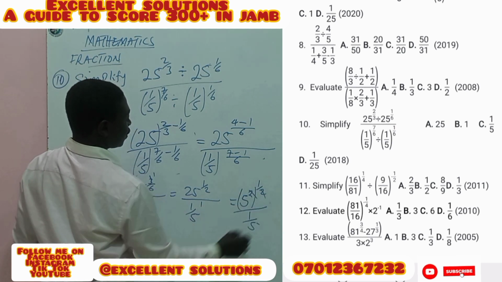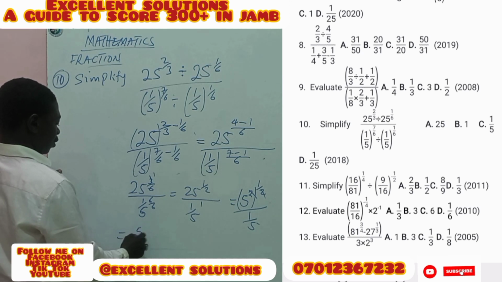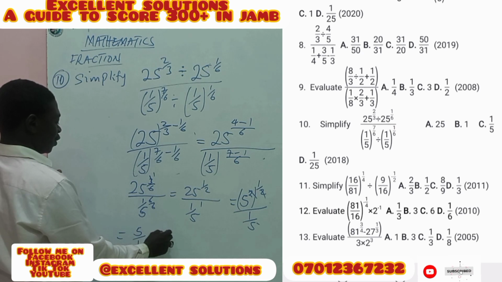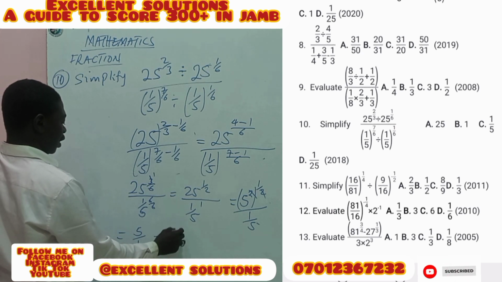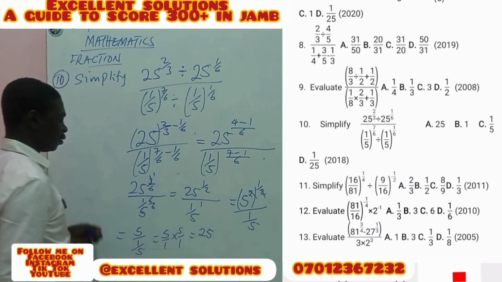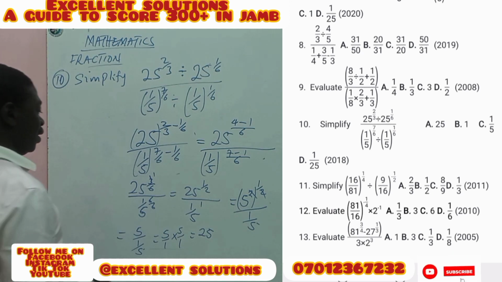So here 5 cancel 5, and this now reduces to 5 upon 1 upon 5, and if we check reciprocal, this becomes 5 over 1 times 5 over 1, which is the same as 25. So 5 times 5 is 25. And if you look at our options, we have option A, 25, and that is the answer.